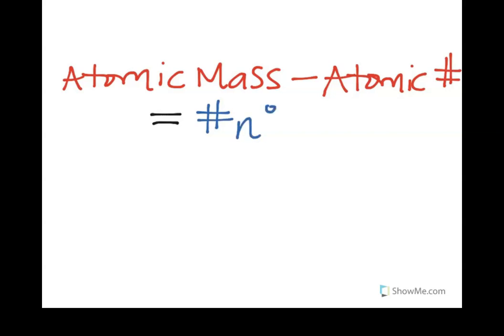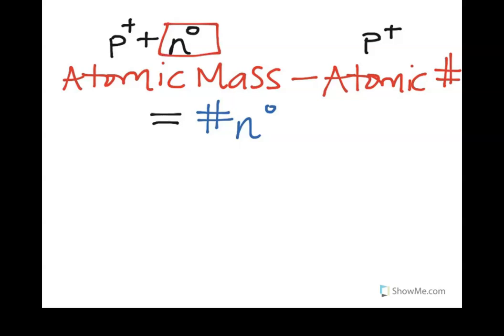Well, that's because the atomic mass tells you protons plus neutrons, my positive charge and my neutral charge, and the atomic number is just the number of protons. So if I actually subtract that proton number, I get just the number of neutrons using algebra.